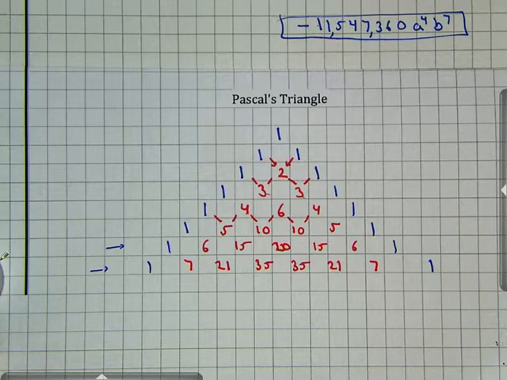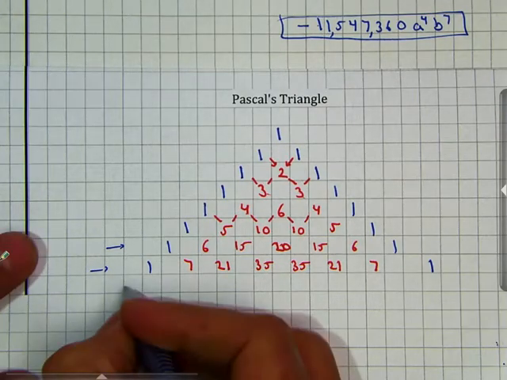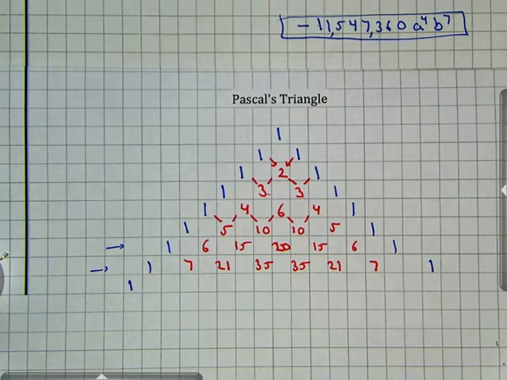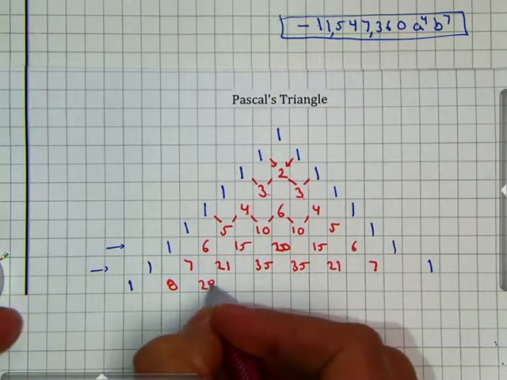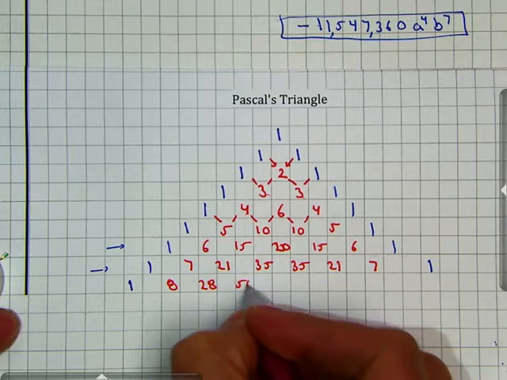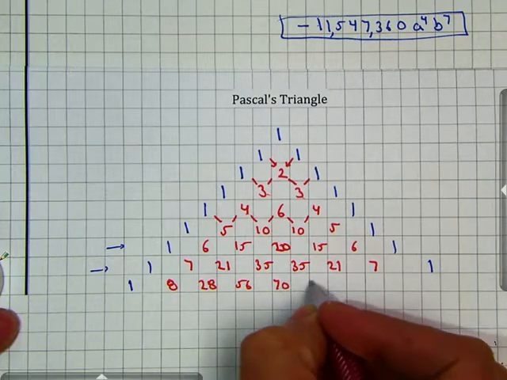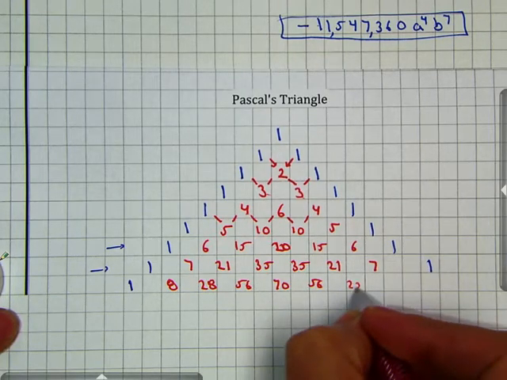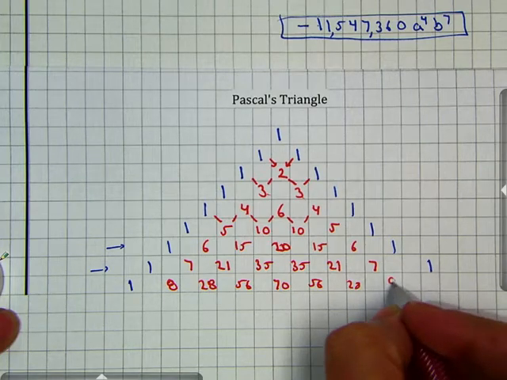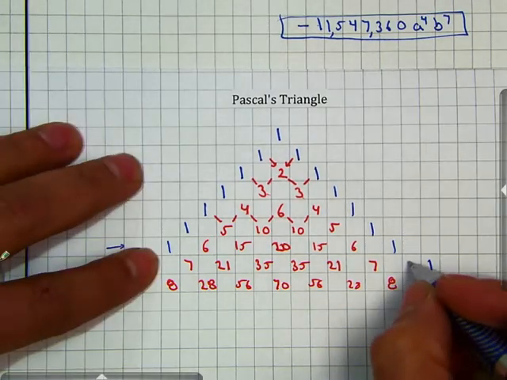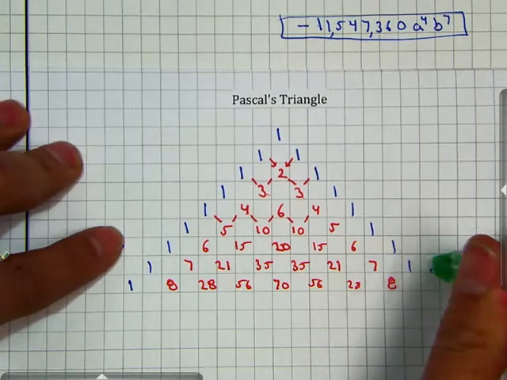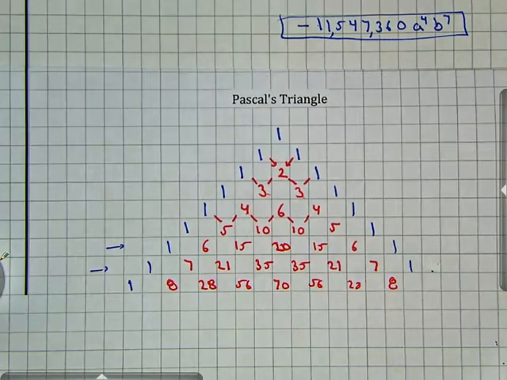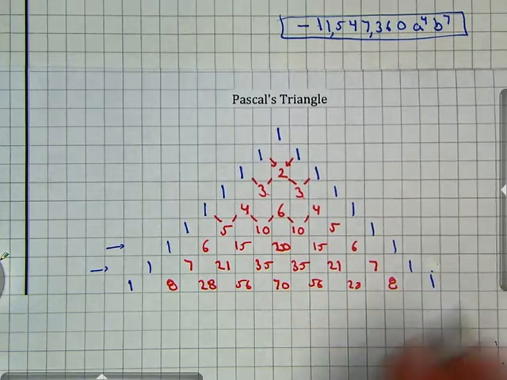And we do one more. So therefore will be 1. This will be the last one. That gives me 8. That gives me 28. That gives me 56, 70, 56, 28, and 8. This one should be here. Now, let me not forget the last one, which is a 1.